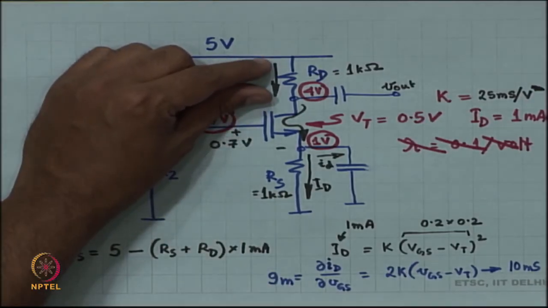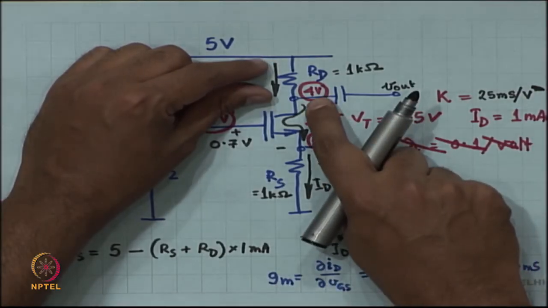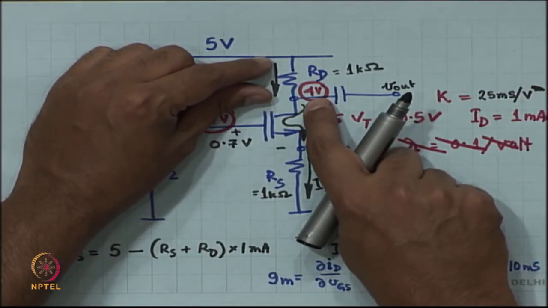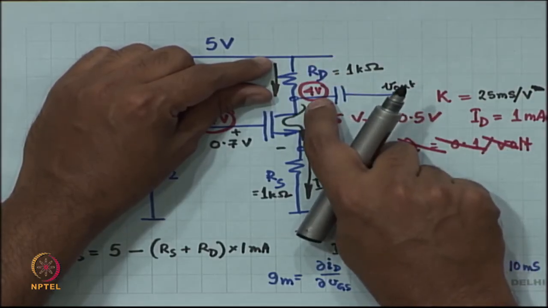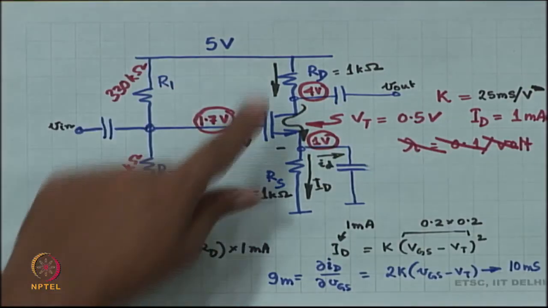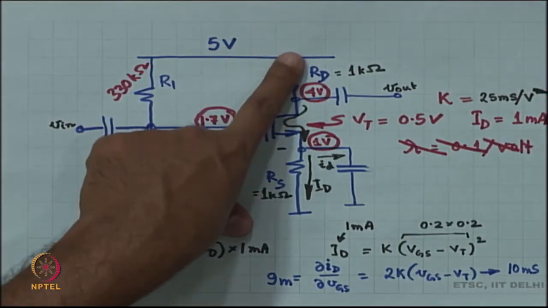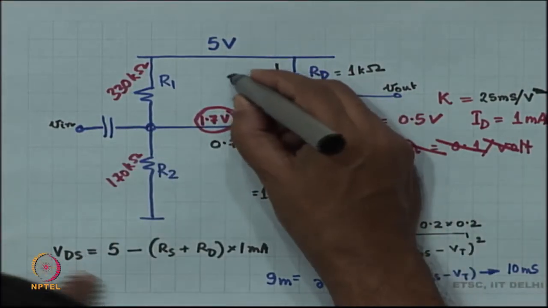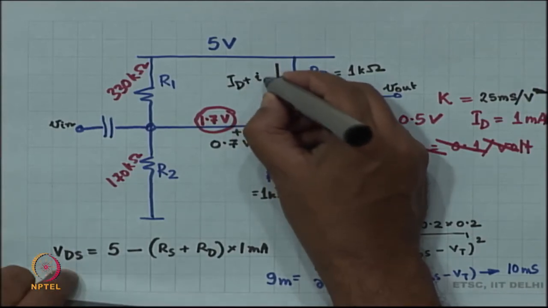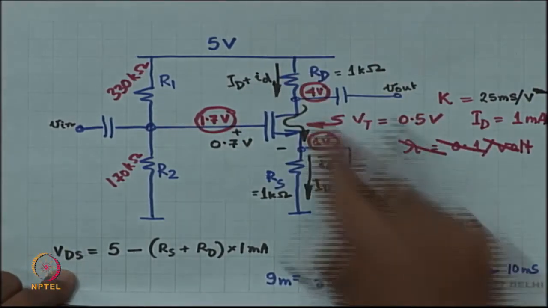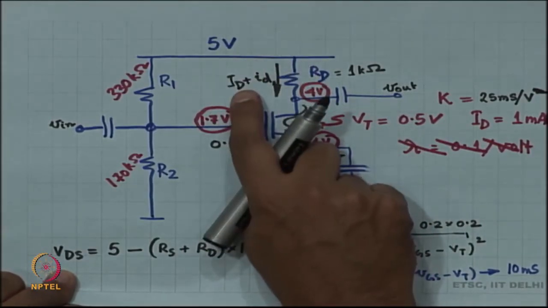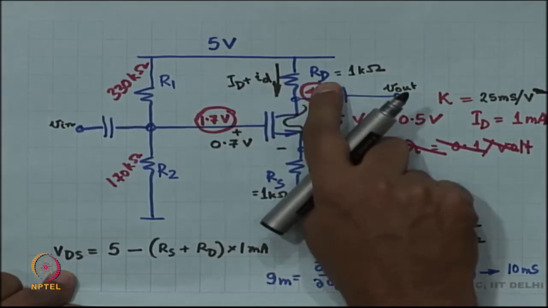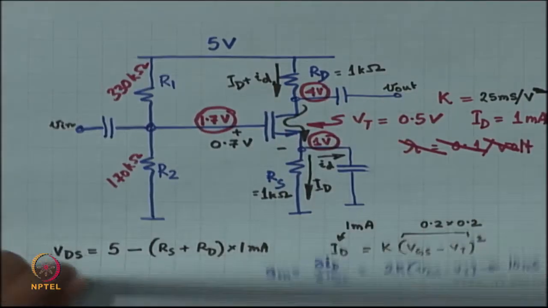So, what happens here? This is at 4 volts already because of capital ID. Now, excess dip is because of small ID. So, the drain voltage is going to dip further because of small ID. Effectively, I have got 5 volts over here, and this current is capital ID plus small ID, that is the total current. So, the voltage at the drain is 5 minus capital ID plus small ID times R d.